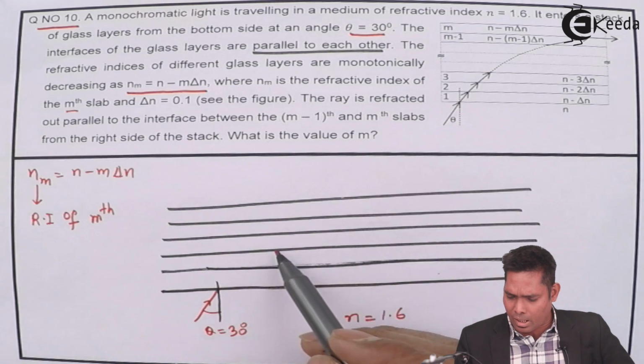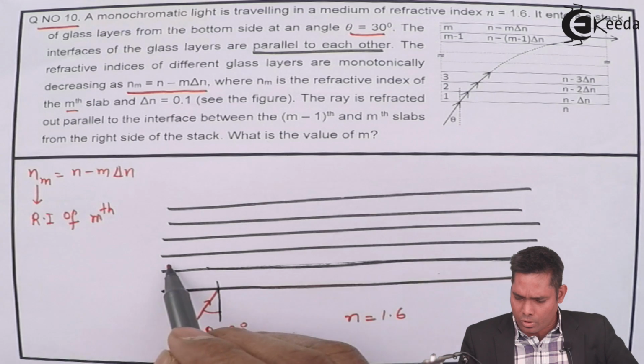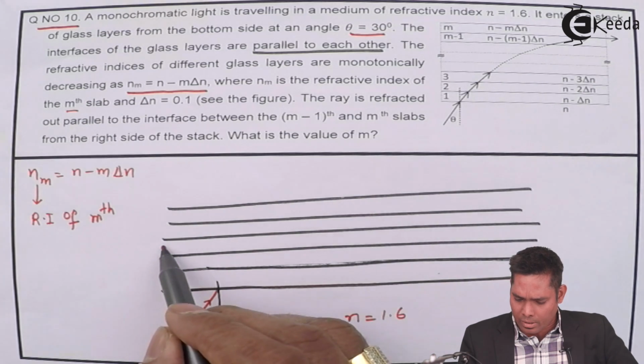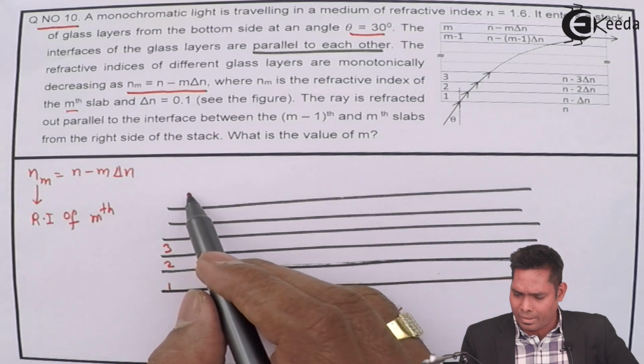Suppose this is 1, this is 2, like this 3, and so on. I can call any layer m.